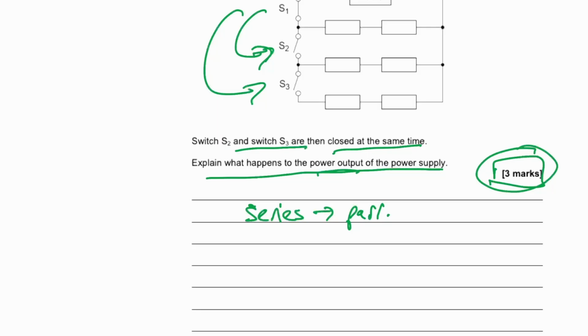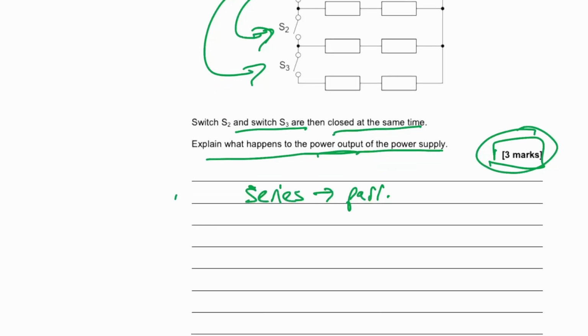Just like we said, we're going from a series circuit to a parallel circuit by adding more branches. And so the key thing is, when you add more branches, what is actually impacted? It is the resistance. So the first thing you can say to get the first mark is what happens to the total resistance of the circuit. Again, we're not looking at any specific resistor or any specific branch.